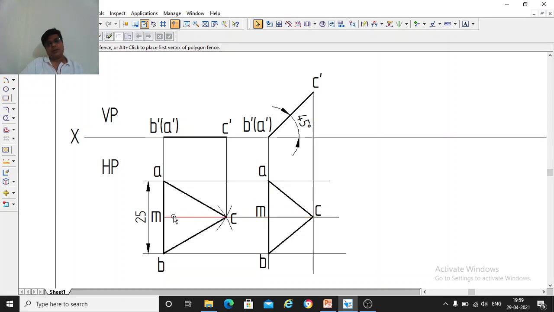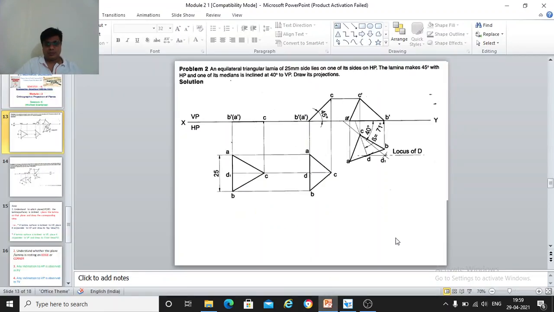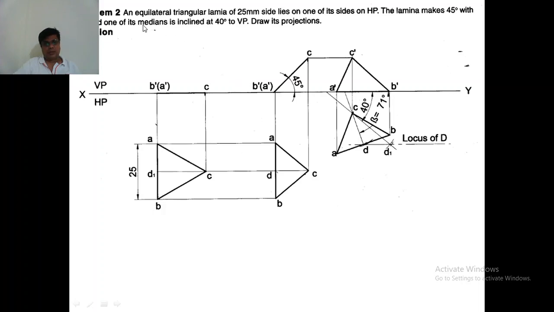In the original shape of the triangle, the length of the CM is called true length. Whereas here when the size is reduced, the length of this CM is called apparent length or false length. This is important for us because the problem is telling that one of the medians is inclined at 40 degree.